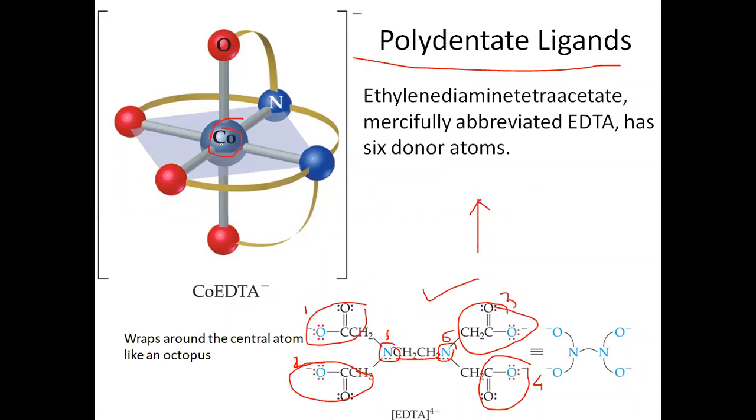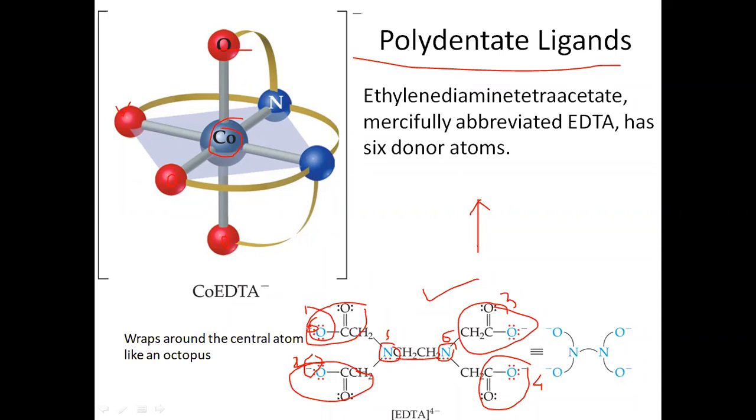So now you can see here, this is nitrogen, and this red colored ball is the oxygen of acetate. Okay, every red ball is oxygen, and the donating atom, because it donates the electron, there is a negative charge on oxygen.